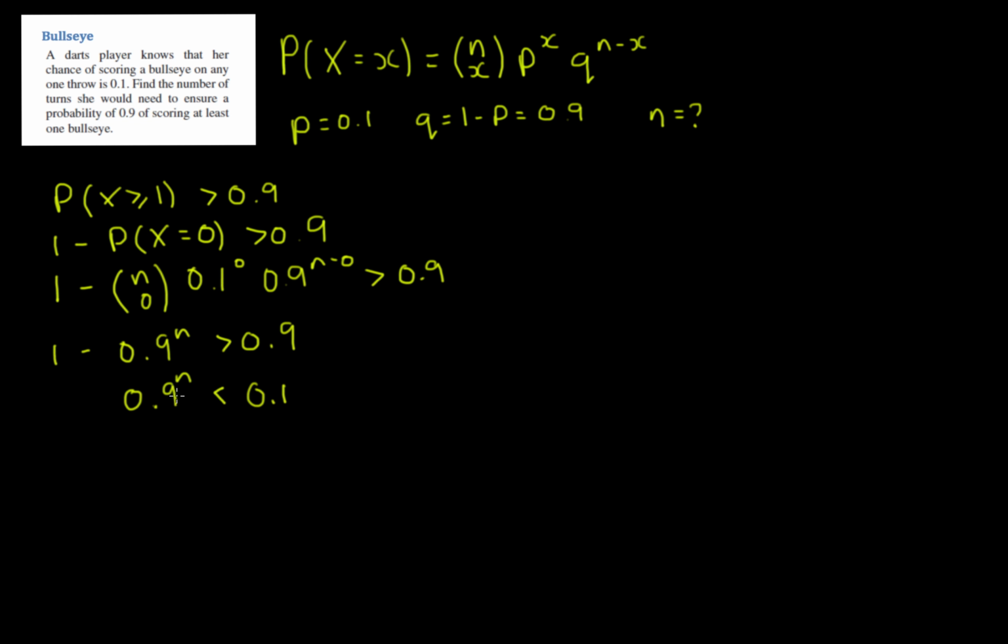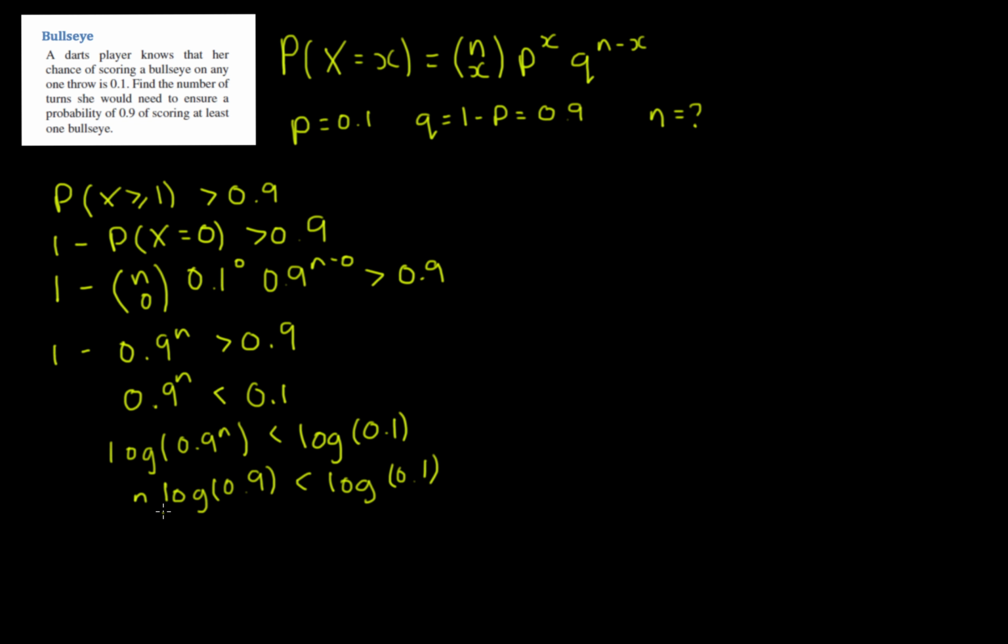Okay, so now we've got N up here, that's our exponent, so we're going to take logs of both sides. So the log of 0.9 to the power N must be less than the log of 0.1. We can use our log laws and just take that exponent out the front as a multiplier. So we get N times the log of 0.9 must be less than the log of 0.1.